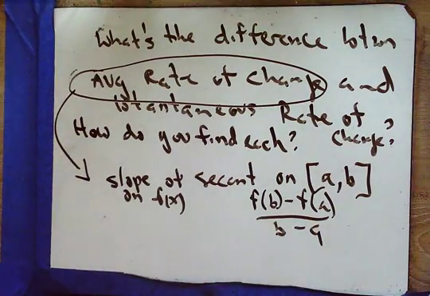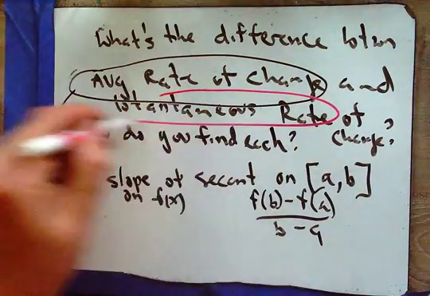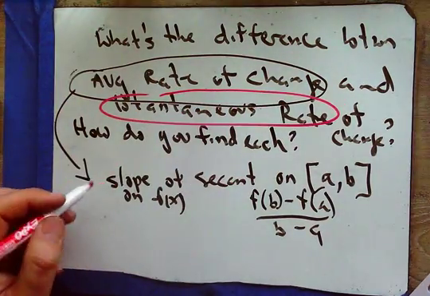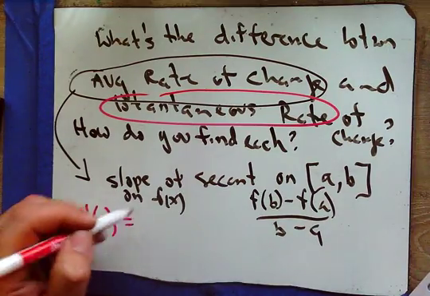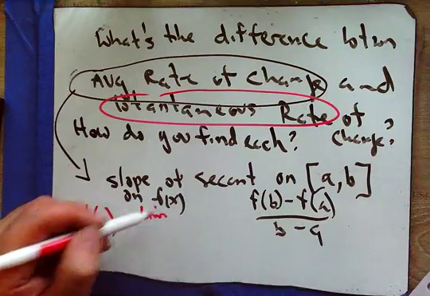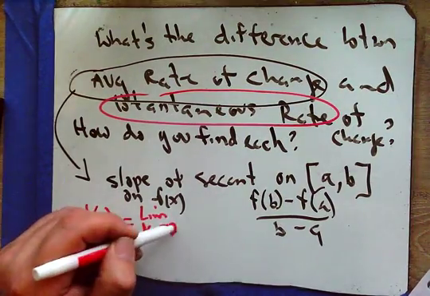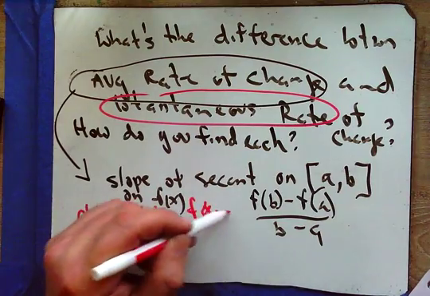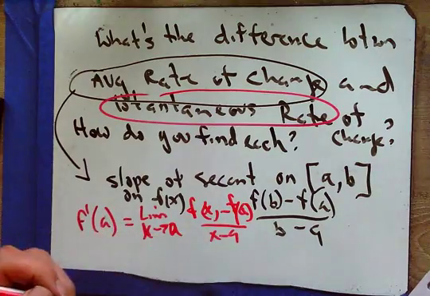But if we want instantaneous rate of change, instantaneous rate of change is going to be f prime at a point. So we have to use one of our limit definitions of the derivative. The limit as x heads to a of f of x minus f of a over x minus a.